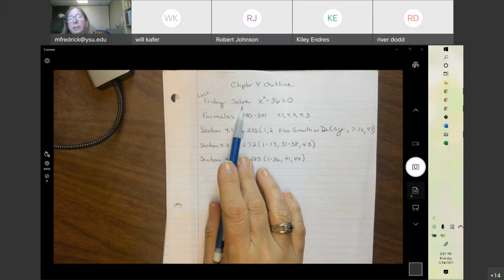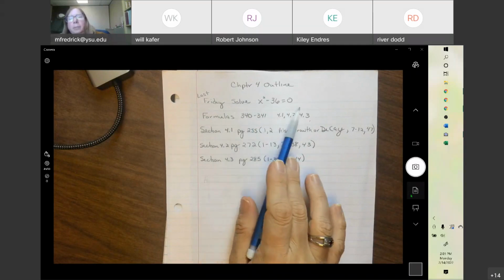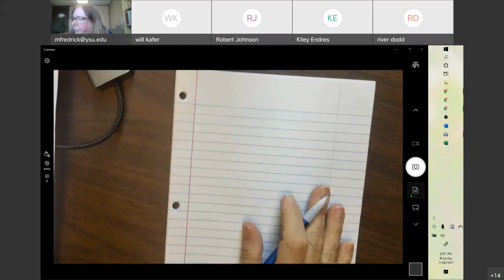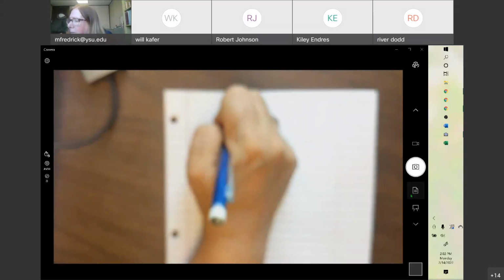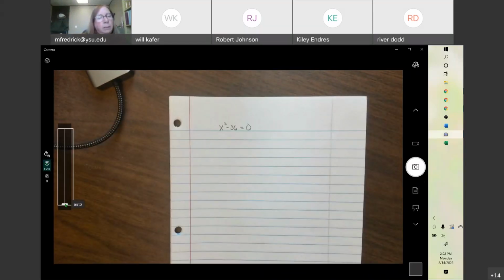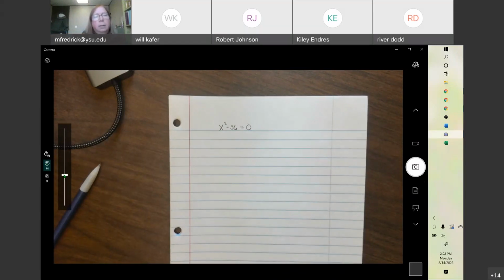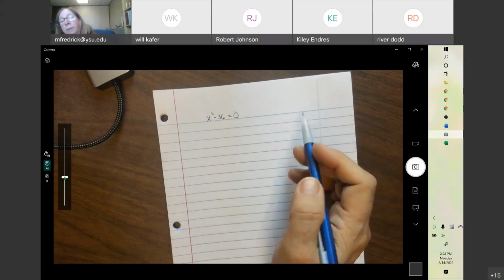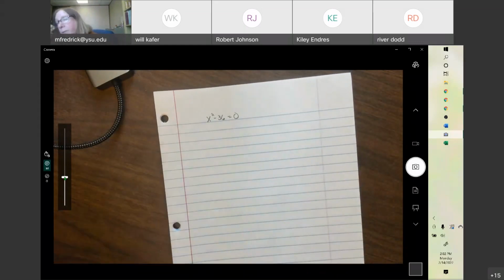I wanted to start with this homework assignment, or not homework, but it was attendance for Friday. A lot of people missed it. If we have x squared minus 36 equals 0, when you're solving it, one way of solving it, which most people did, was the square root method.